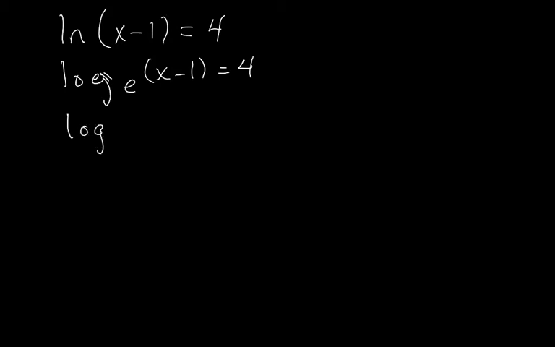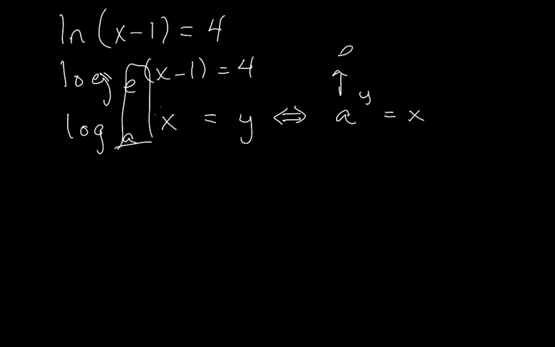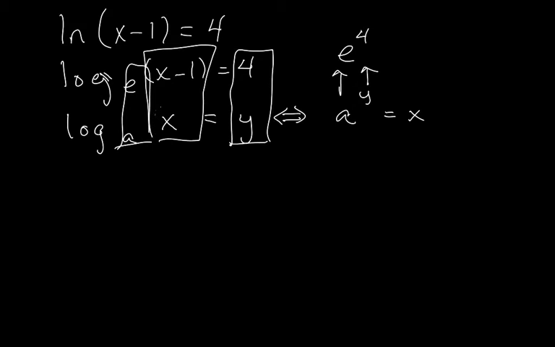So if we rewrite that using log base a of x equals y if and only if a to the y equals x, then by matching terms we see a matches to e, y matches to 4, and x matches to x minus 1. So our final answer is e to the 4 equals x minus 1.